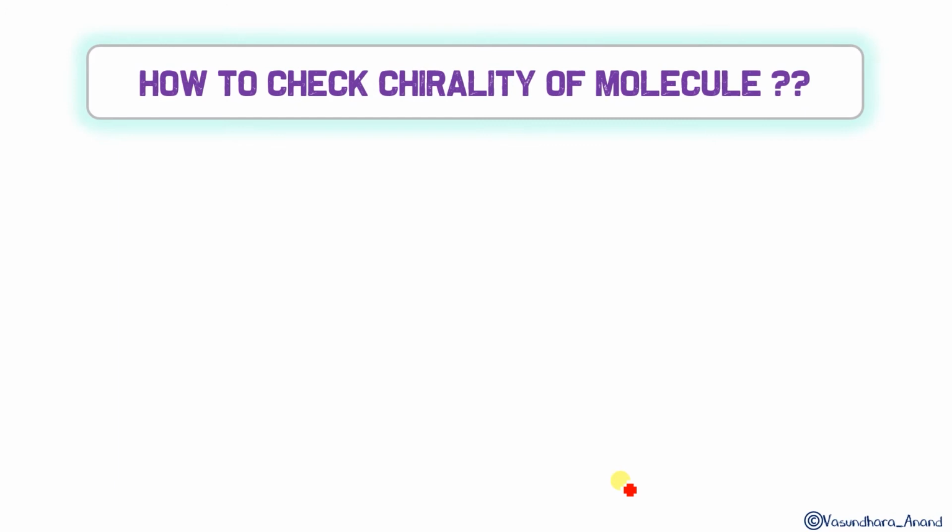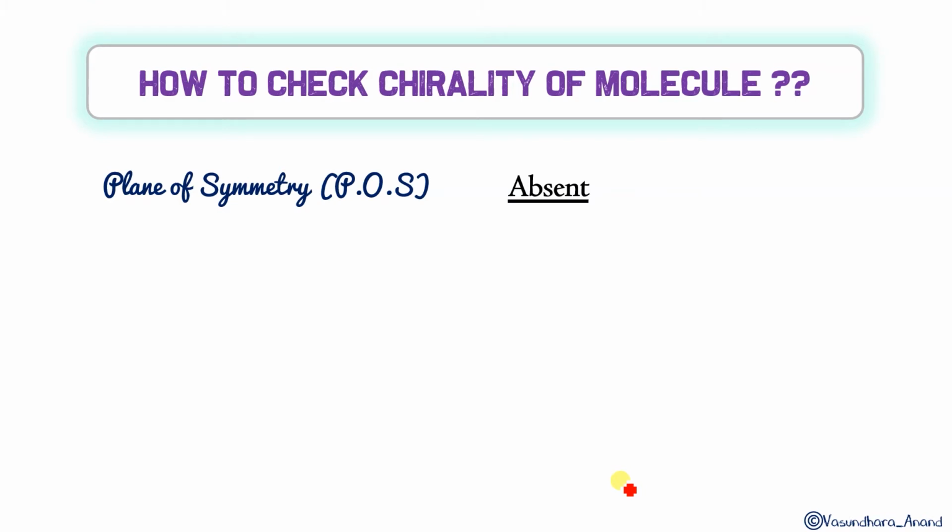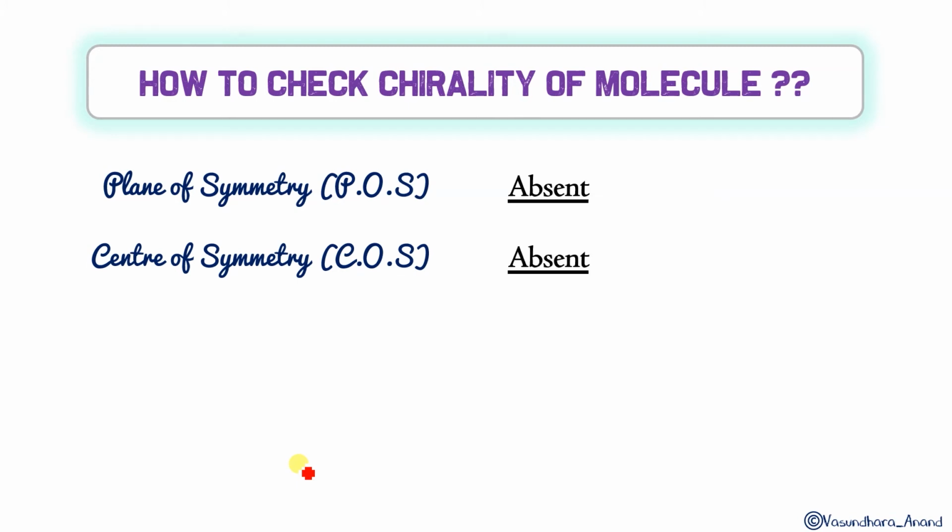Okay, so now how to check the chirality of the molecule? How do we check? For this, there are a few things we are now supposed to know. One is called plane of symmetry, POS. It should not be there. If it is there, that molecule will not be chiral, and that means it will not be optically active. So plane of symmetry should be absent. Center of symmetry should also be absent.